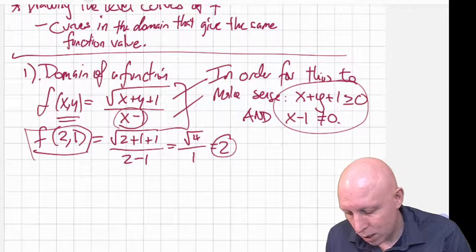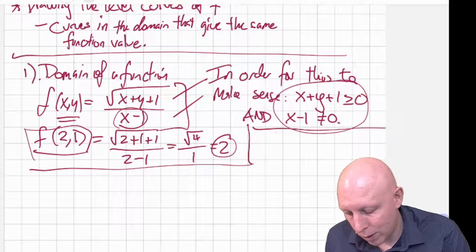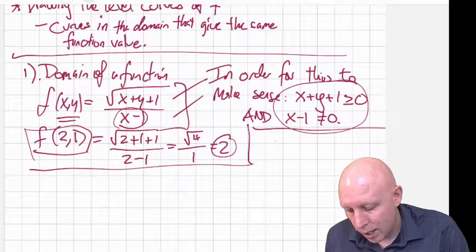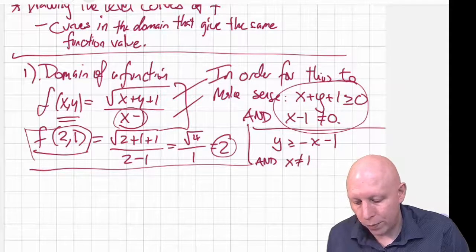And so visually, what we would see is that y is greater than or equal to negative x minus 1, and x is not equal to 1.